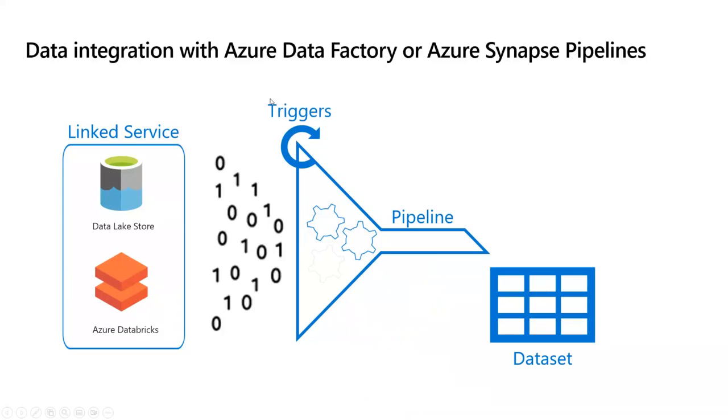And obviously, as we have seen yesterday, it can be triggered. So that means you don't have to sit behind your computer. Imagine your business activities take place every day, and at some point you need to update your analytical store, and you decide to do that every day at, I don't know, 12 o'clock.